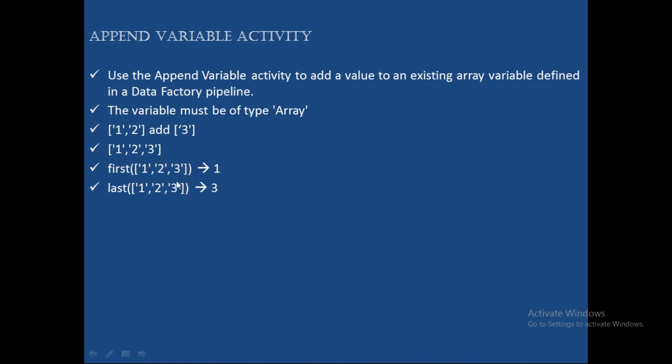Whatever you see last, that will be the latest one. So I need to pick the latest date. With the help of this date, I can identify which file came recently. That particular file, I can pick from the copy activity and load it into the target. That's what we are going to do.